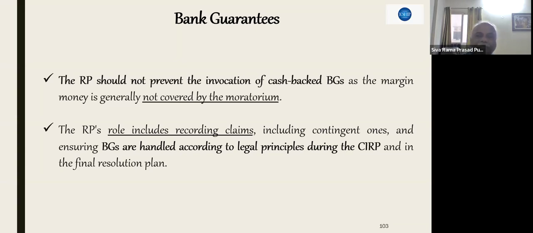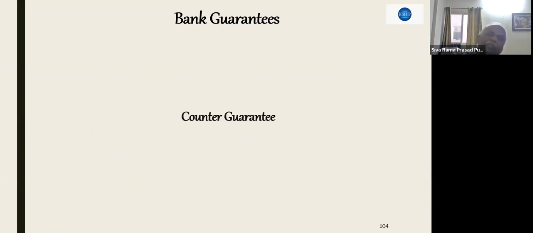What is meant by counter guarantee? Sometimes, suppose the subsidiary company is giving some guarantee and they request guarantees from the parent company or directors, who have to give a guarantee for the guarantee.